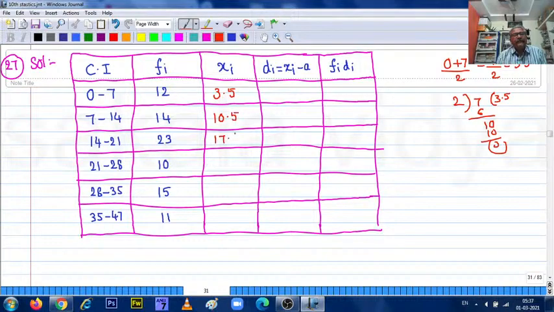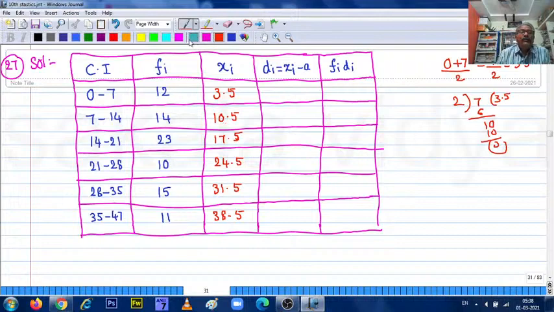Then 17.5. Wait, one minute, did we make a mistake here? 14 to 21 and next 21 to 28. 3.5, 10.5, 17.5, okay, correct only. 17.5, then 24.5, 31.5, 38.5. You can check also. These are the mid values of the respective classes.